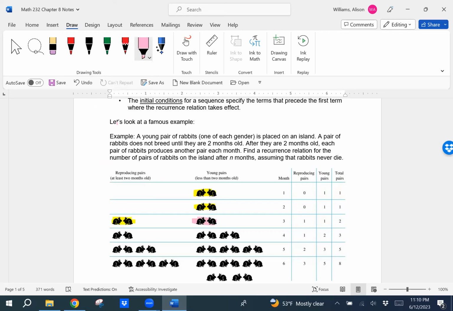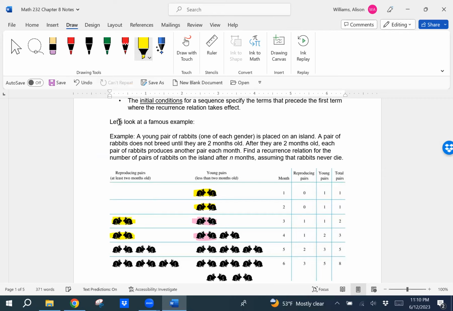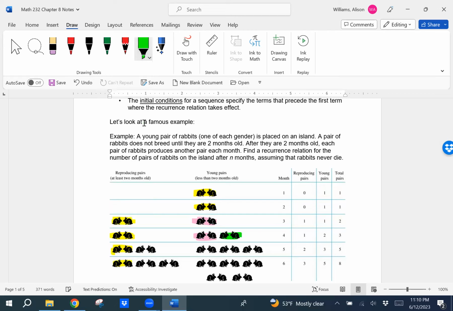Now this pair is going to go for 2 months before it's allowed to reproduce. However, the original pair is going to reproduce the following month. So this pair again is going to reproduce and produce a third pair, and they're going to wait 2 months before they're able to start reproducing.